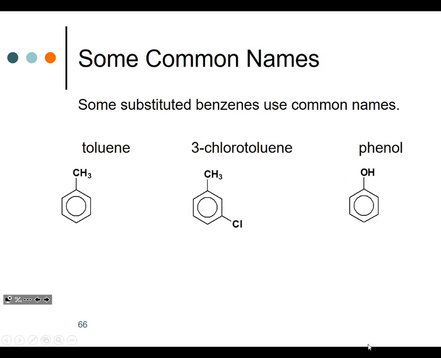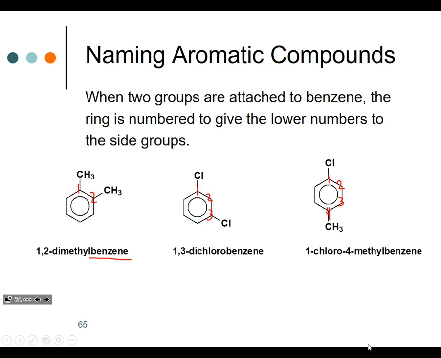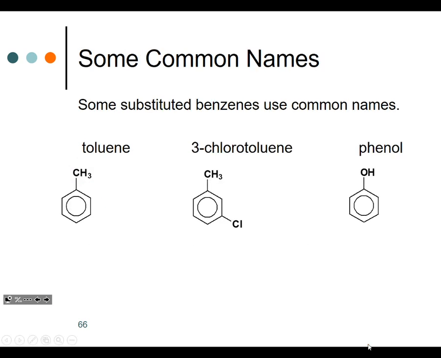All right, so here's something. If you notice, this, having a CH3, just a single CH3, can change the name. If that was there and this wasn't, or even if it is there, it changes the name. So this is called toluene because it occurs so much, it has its own name. So you can see here how we name that then. 3-chlorotoluene.